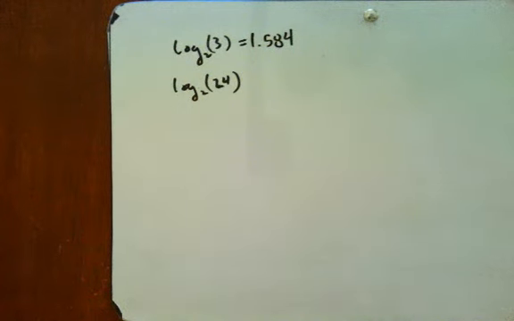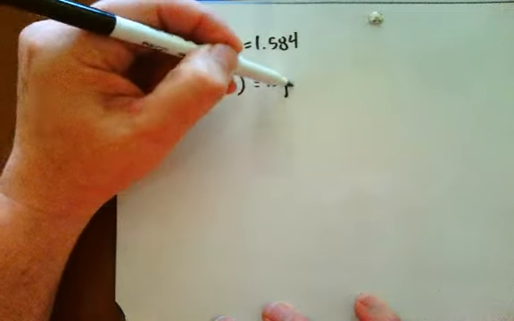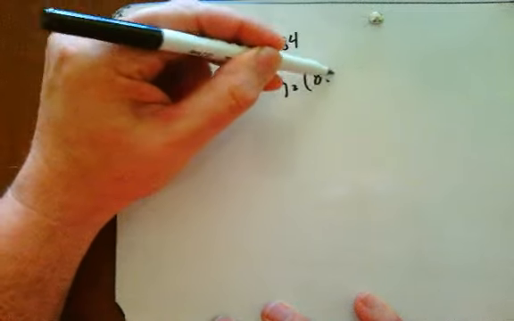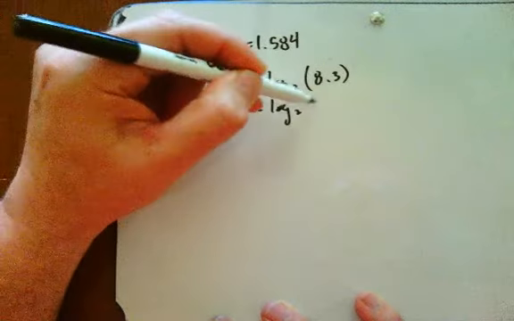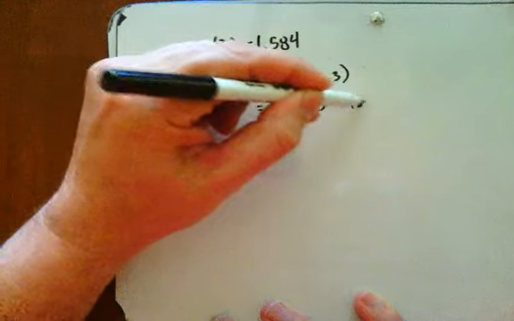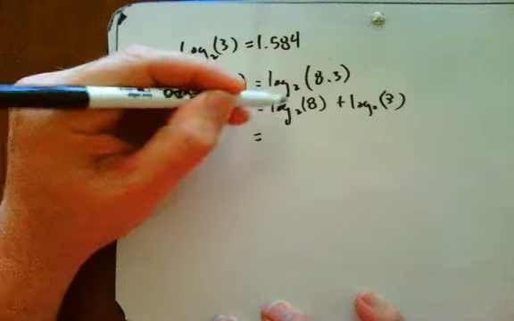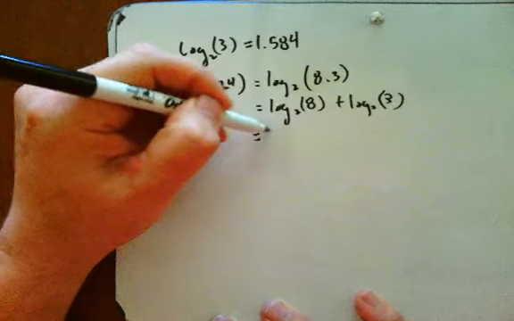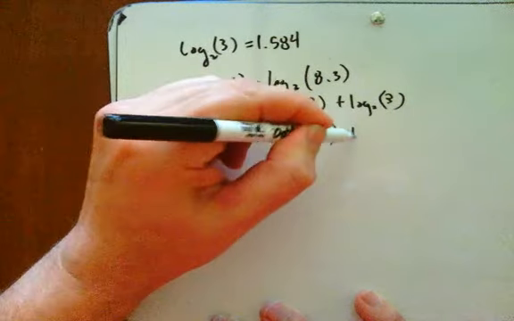How'd you do? Did you think to rewrite this as log base 2 of 8 times 3, which would be log base 2 of 8 plus log base 2 of 3? And wait a second. Log base 2 of 8 can be rewritten as log base 2 of 2 to the third.